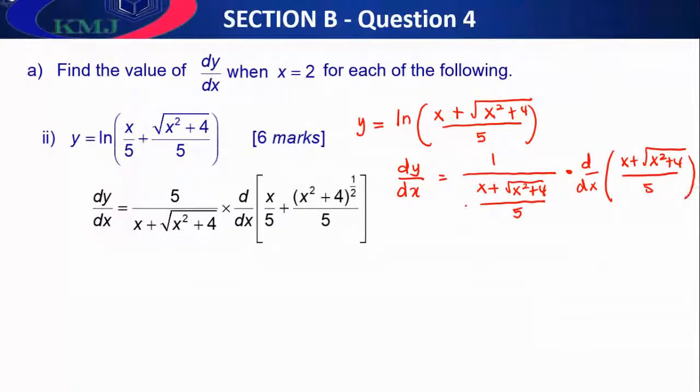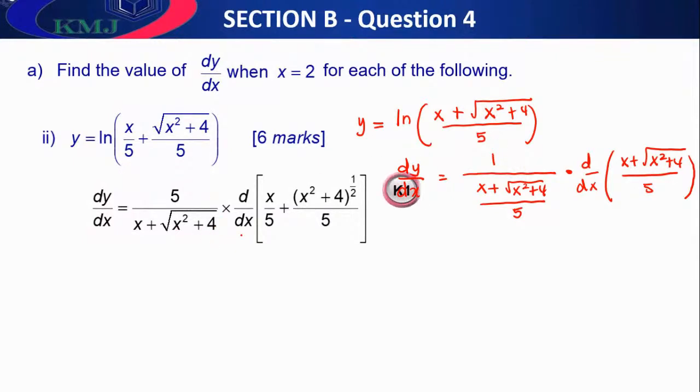If you can see this, you have three tiers of fraction. So 1 over (x + √(x² + 4))/5, if you flip, you will get 5 over (x + √(x² + 4)). Okay, so this is the process, how we get this answer.